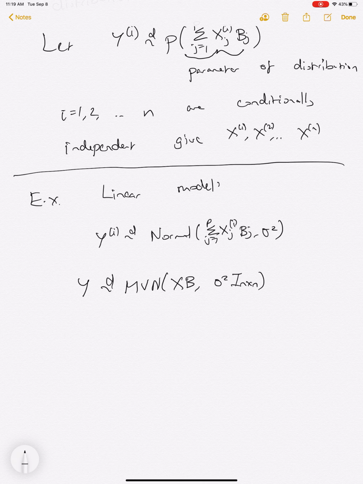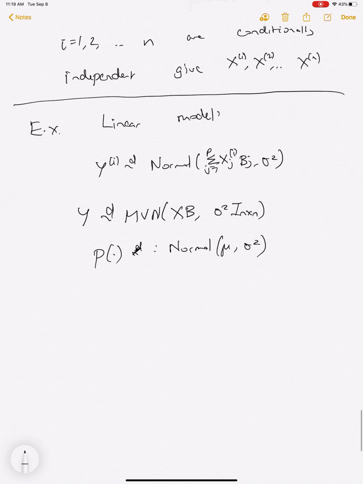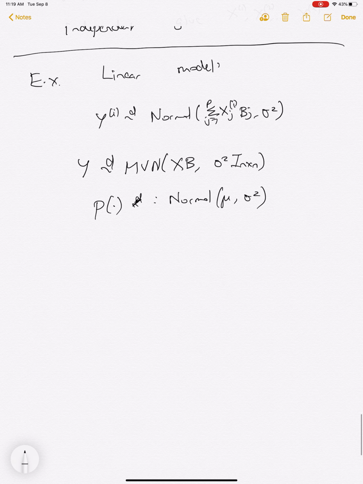Okay, so this is exactly the scenario that we looked at, and so here we'd have that P is just normal with mean mu and variance sigma squared. And sigma squared is fixed and known.